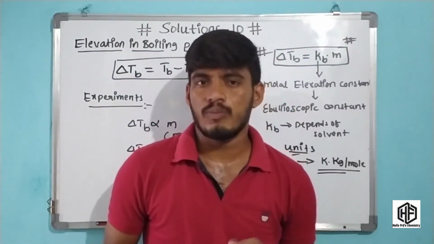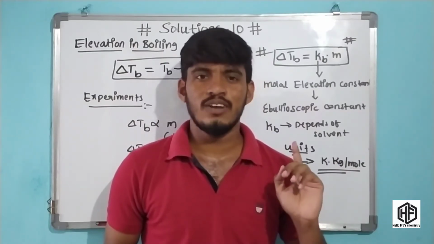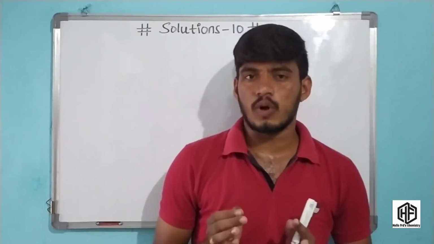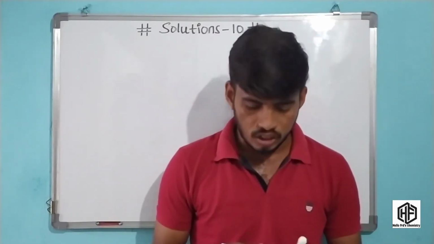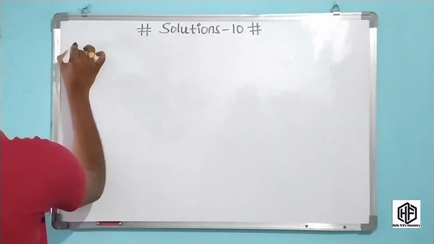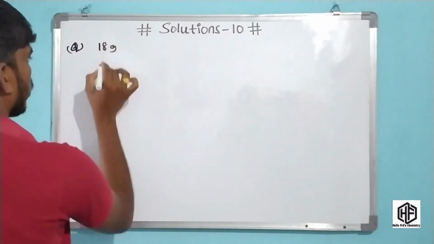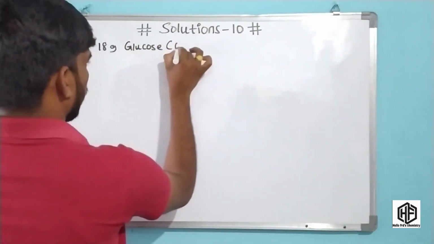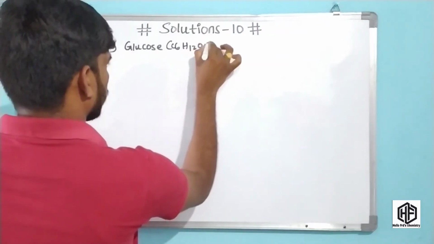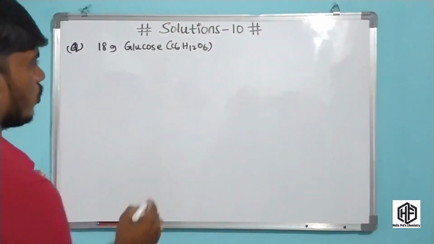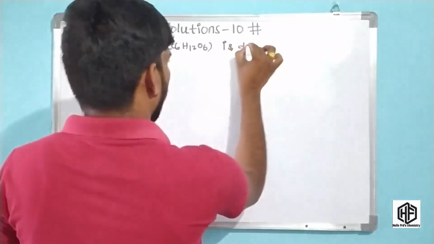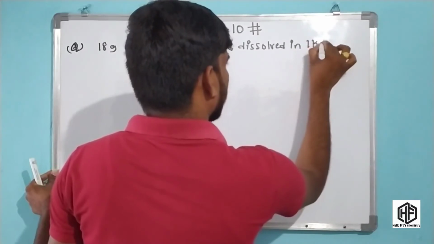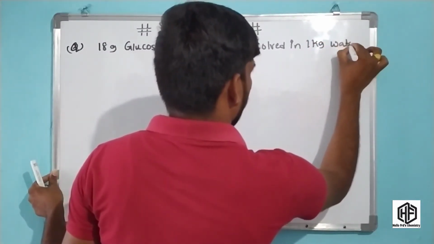Now one more numerical problem I will solve in this video. Friends, this is one more important numerical problem in the elevation in boiling point concept. The question is: 18 grams of glucose, C6H12O6, is dissolved in 1 kg of water.